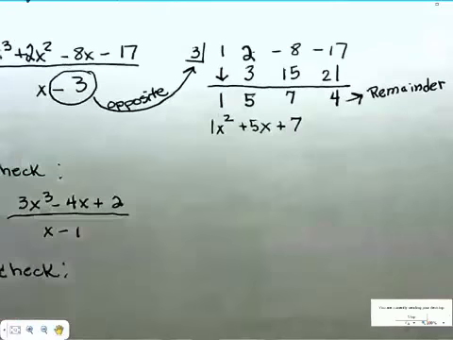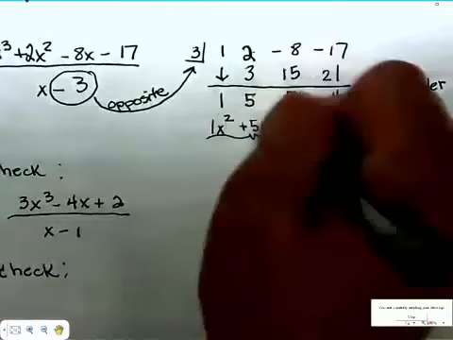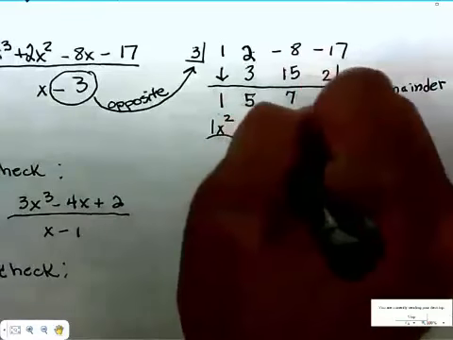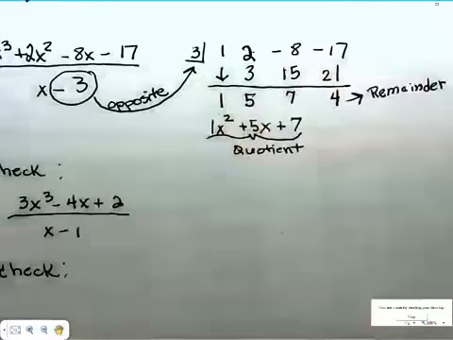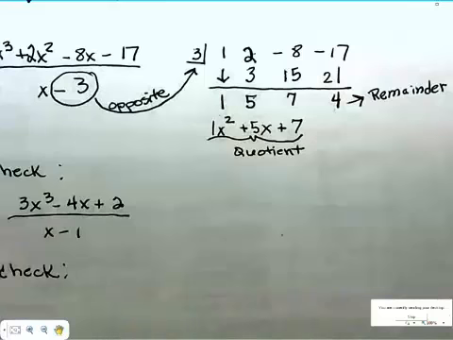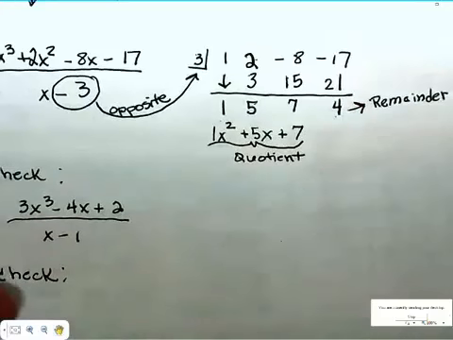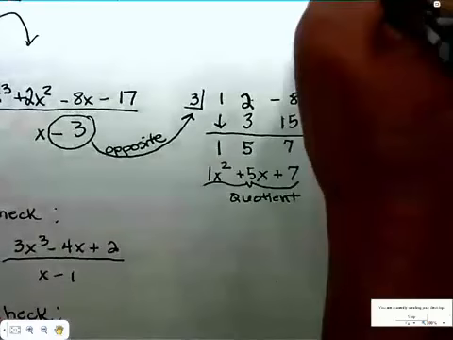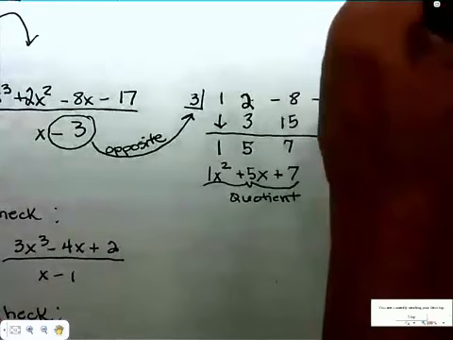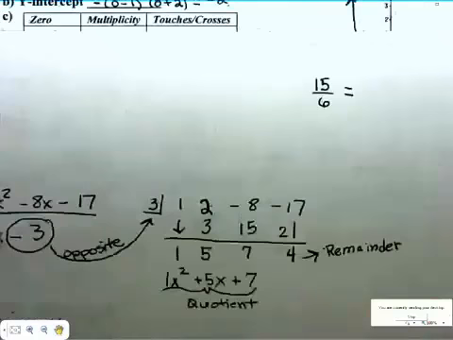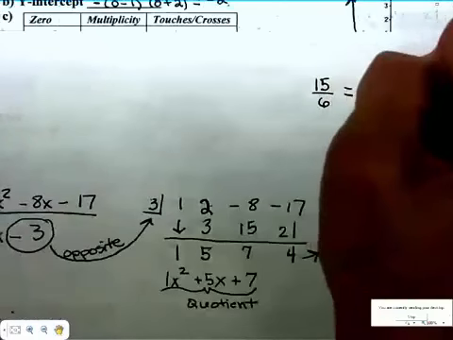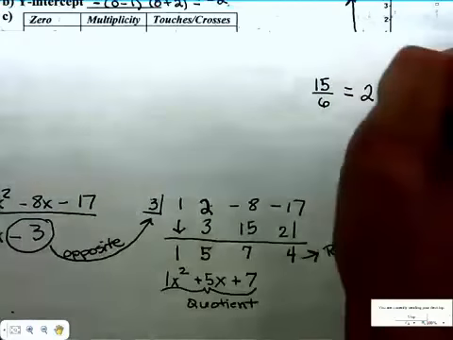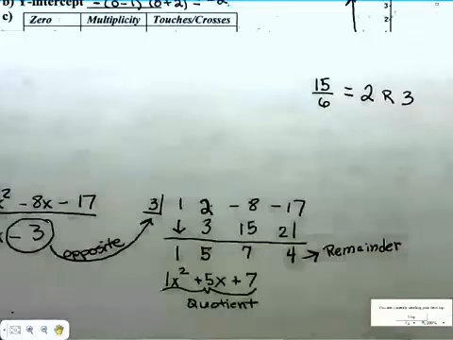X squared plus 5x plus 7 is called my quotient, and 4 is my remainder. Now, in basic math, if you say 15 divided by 6, 6 goes into 15 2 times with 3 left over, how do you check that?